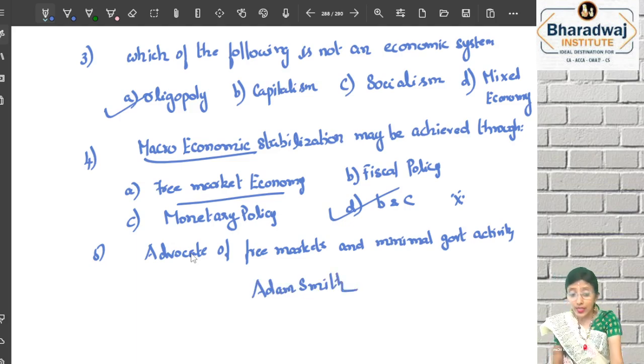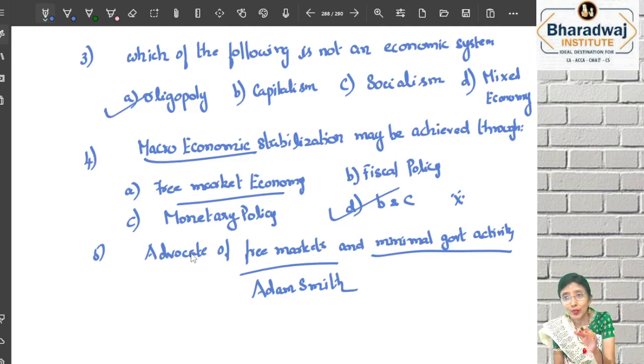If they give you minimal government activity, it is also Adam Smith. If they give you advocate of free market, it's also Adam Smith, because that's what laissez-faire implies. What does laissez-faire imply? Non-intervention by the government in economic activities, minimum intervention in maintenance of law, order, and such activities. Are you clear for this point? Okay. Now go to the next one.